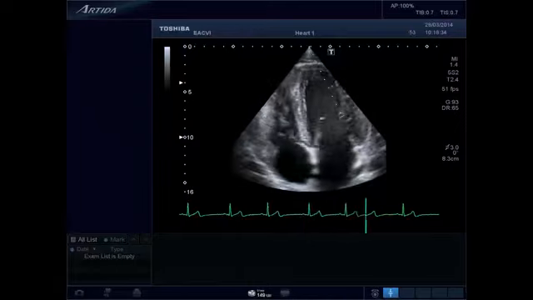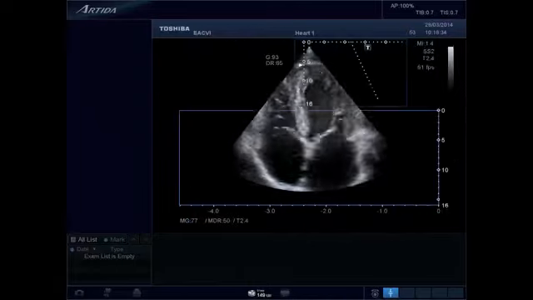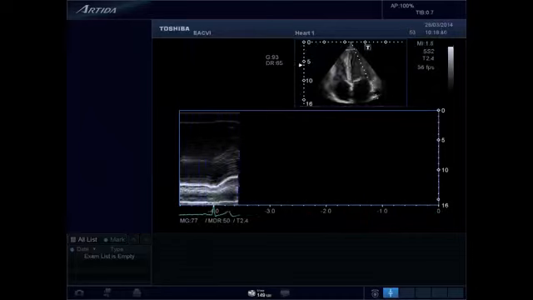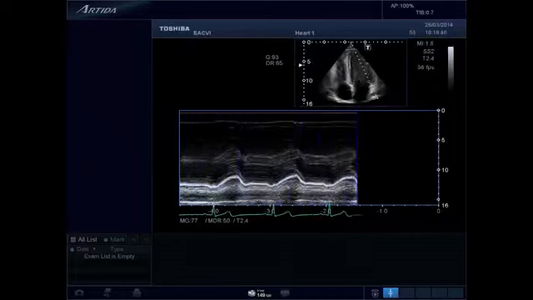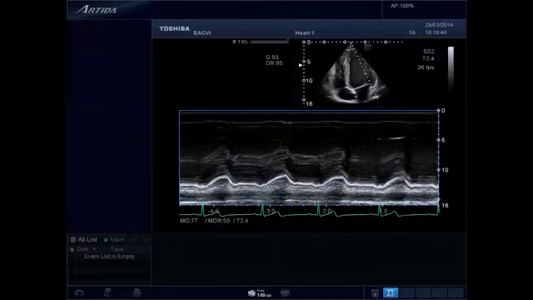So here I'm really careful to be at the junction, and I will do the Mmode acquisition. Okay, and I can also measure here the systolic excursion of the mitral annulus.